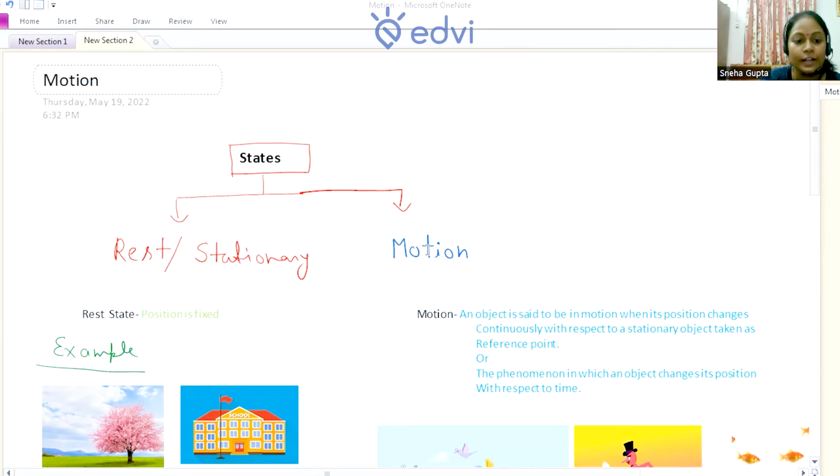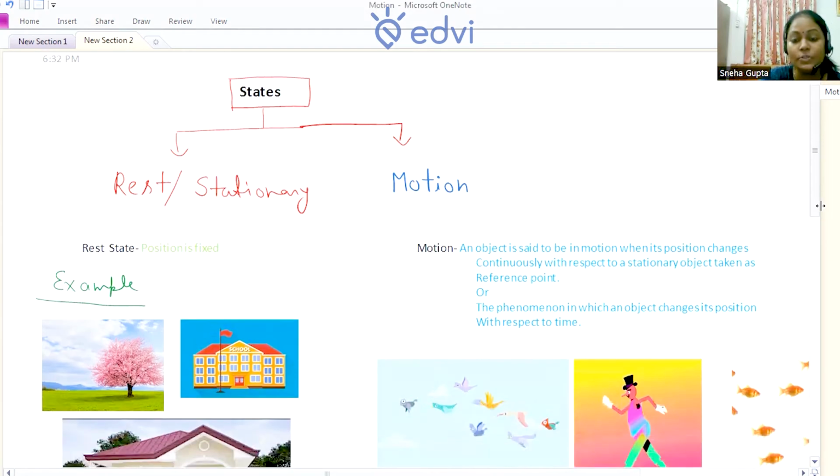Rest state means that the position is fixed. Motion is when an object is said to be in motion when its position changes continuously with respect to a stationary object. We can also take a stationary object as a reference point, or the phenomenon in which an object changes its position with respect to time.